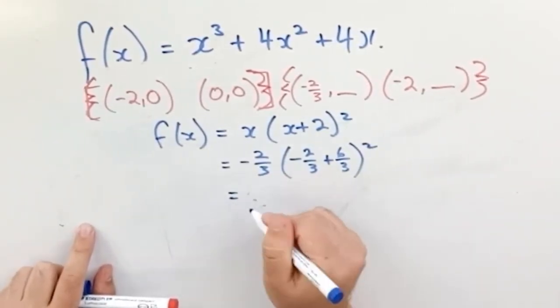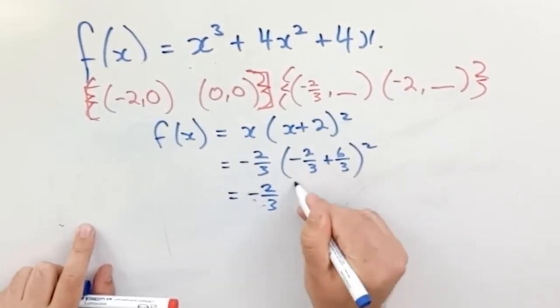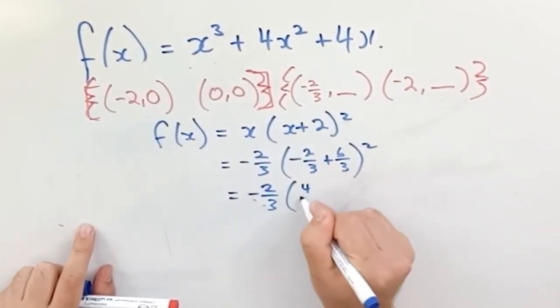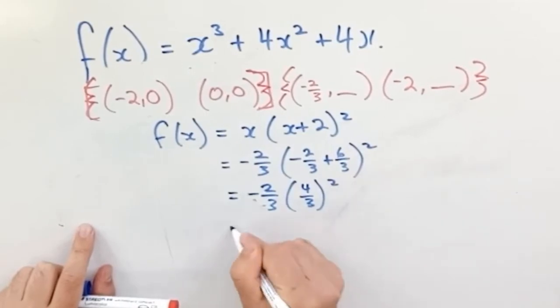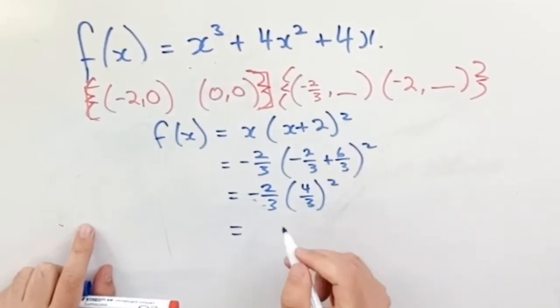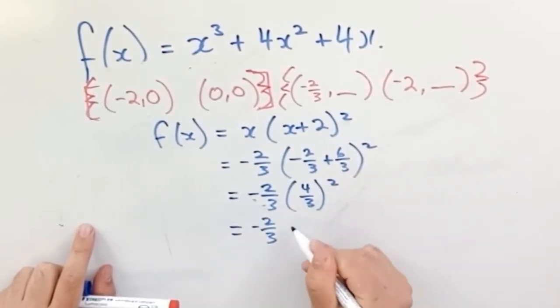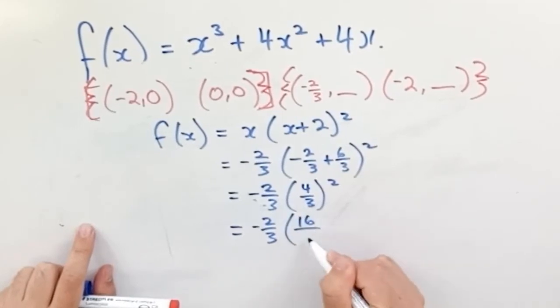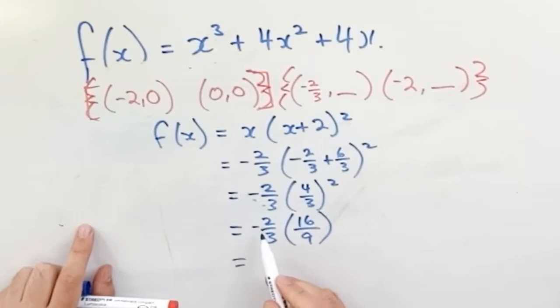Alright, let's try again. Negative 2/3 times 4/3 squared. What do I get? I get negative 2/3. You've got to do all the steps, otherwise you make silly mistakes. Well, I do. I make silly mistakes. Okay, so what have I got?